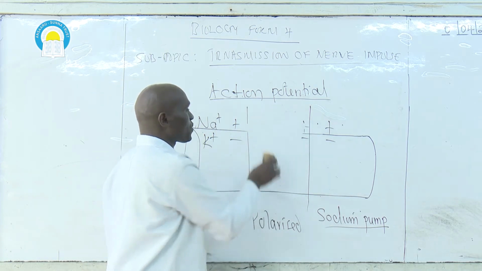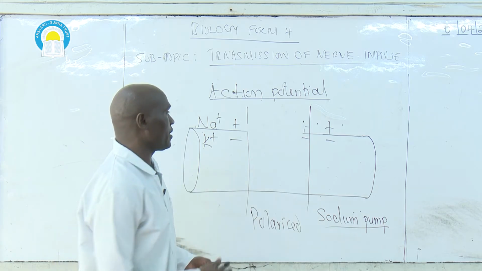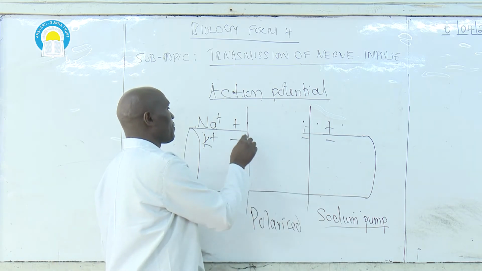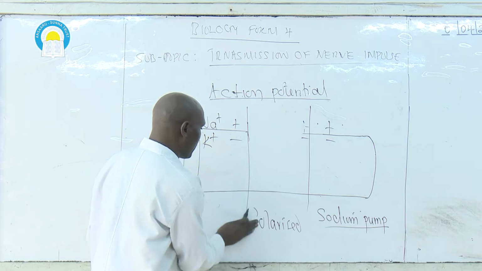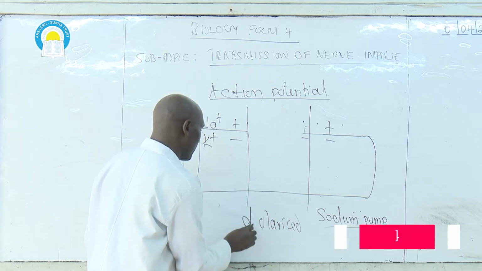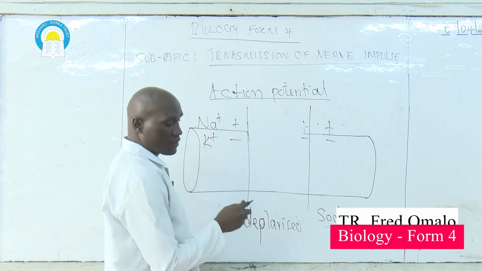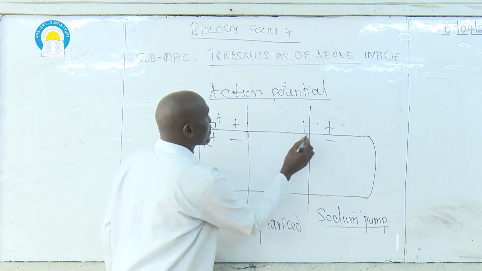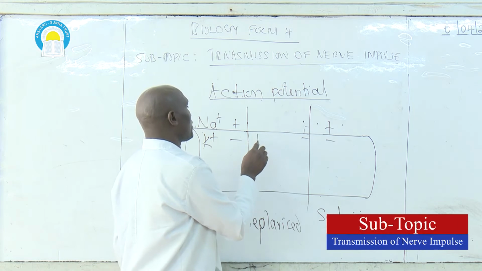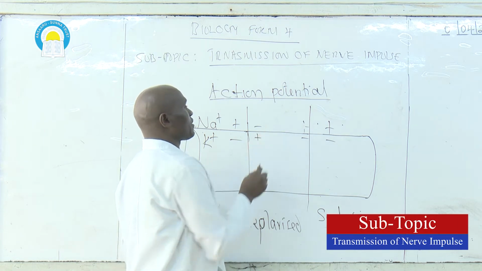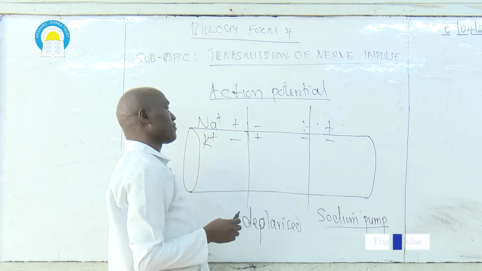So at action potential, we say a section of the neuron becomes depolarized. It is depolarized because the positively charged ions move in and negatively charged ions move out.